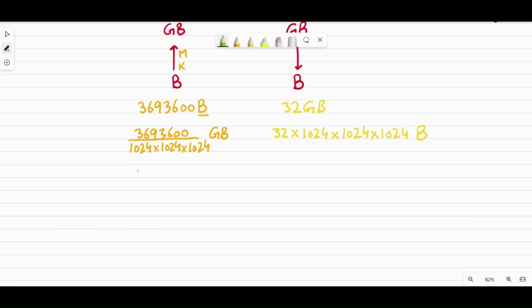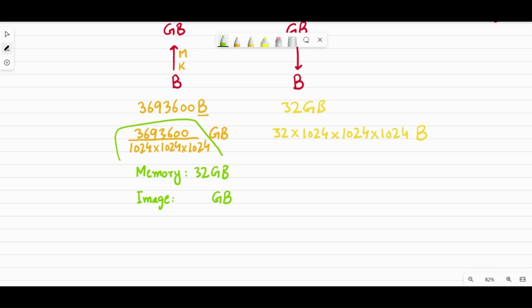On the left-hand side we have the memory size of 32 GB, and as was done for the image from bytes converted to GB, we have the image size in GB, whatever it is, as done here.